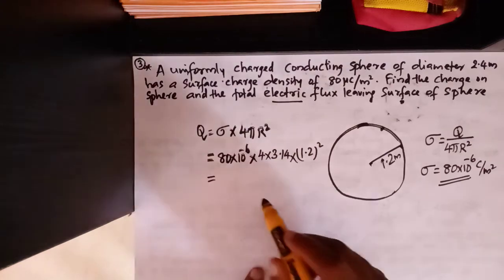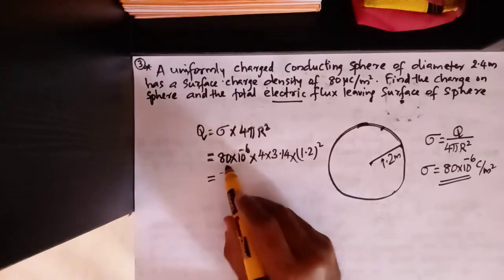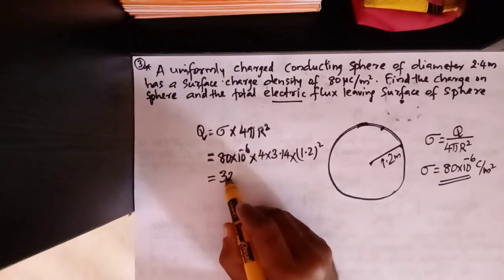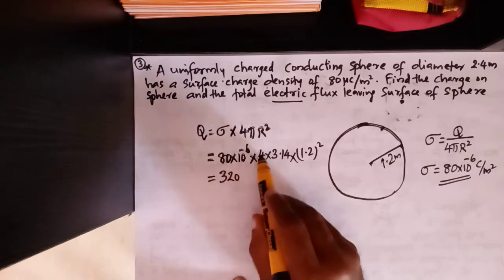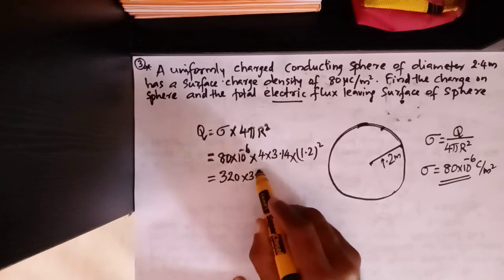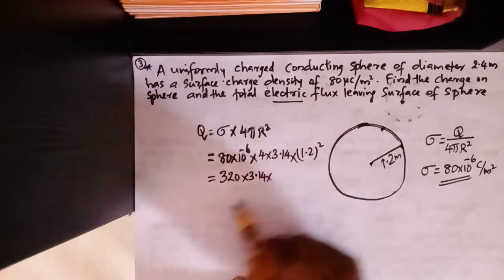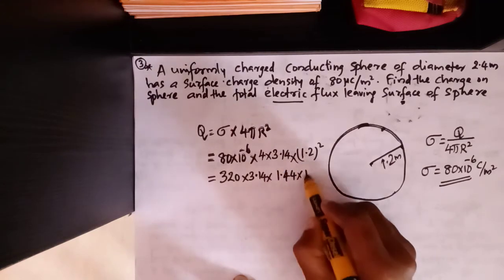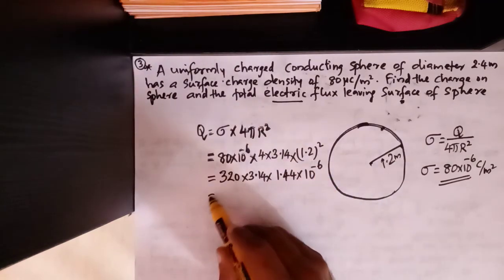When you simplify this value, we can make a few simplifications. 80 into 4 is 320. Then there is 3.14. What is square of 1.2? It is 1.44. And what is left? 10 raised to minus 6.